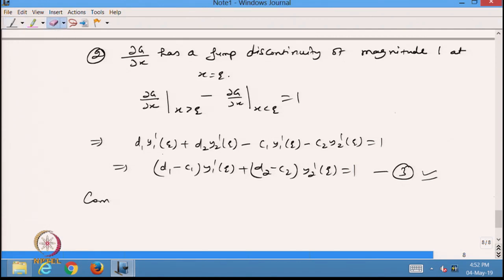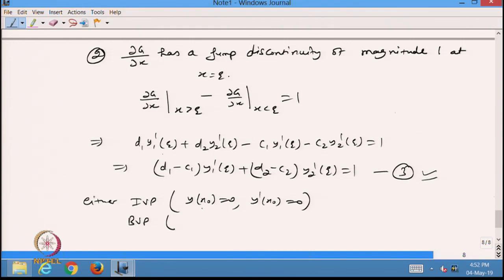Those conditions will be coming from either the initial value problem, that is, we have some y at x naught and y dash at x naught, or I will define the boundary value problem.